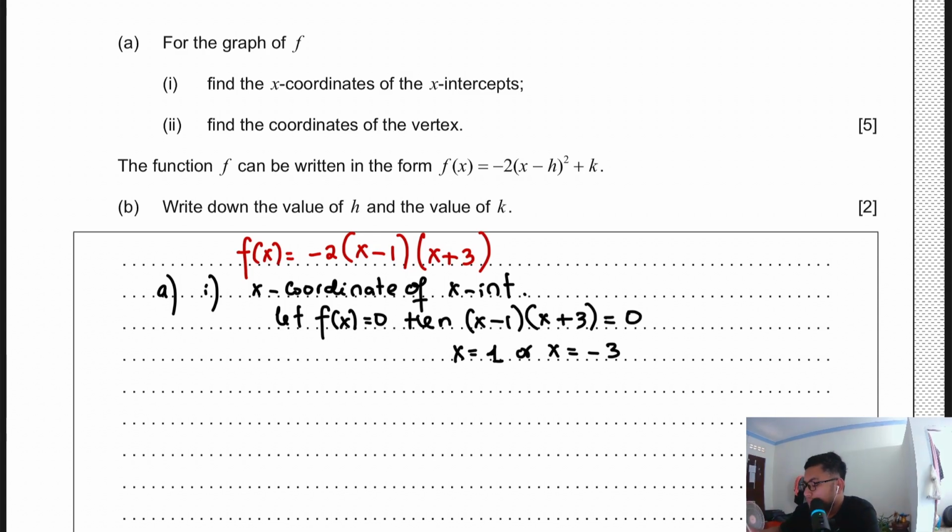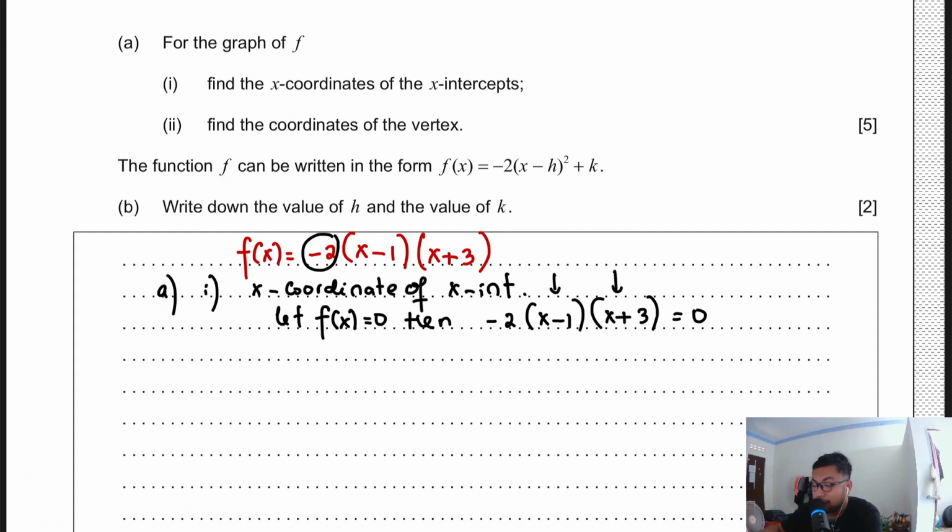Actually, I think it doesn't disappear, but whenever there are 3 factors including negative 2, let me explain it like this. When you equate negative 2, x minus 1, and x plus 3 to 0, you need to find x.